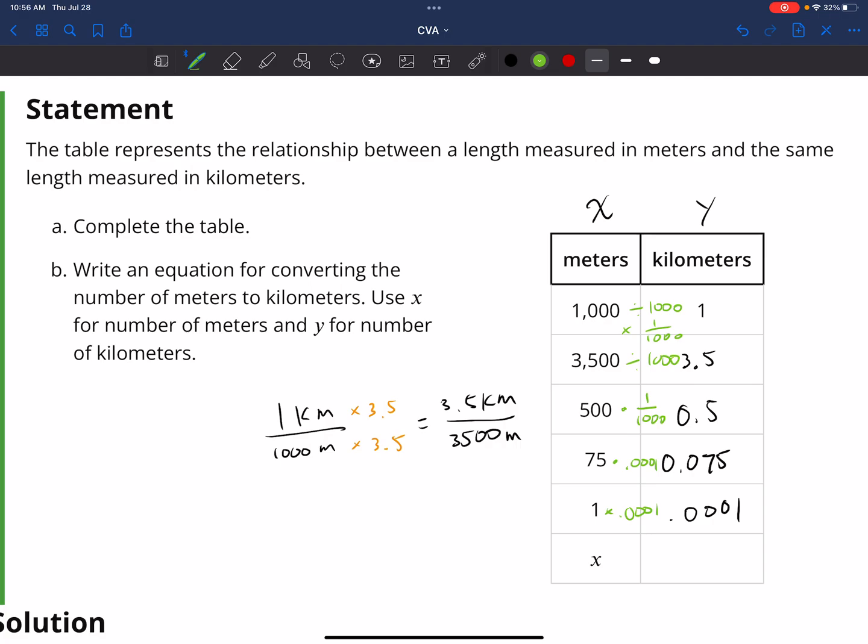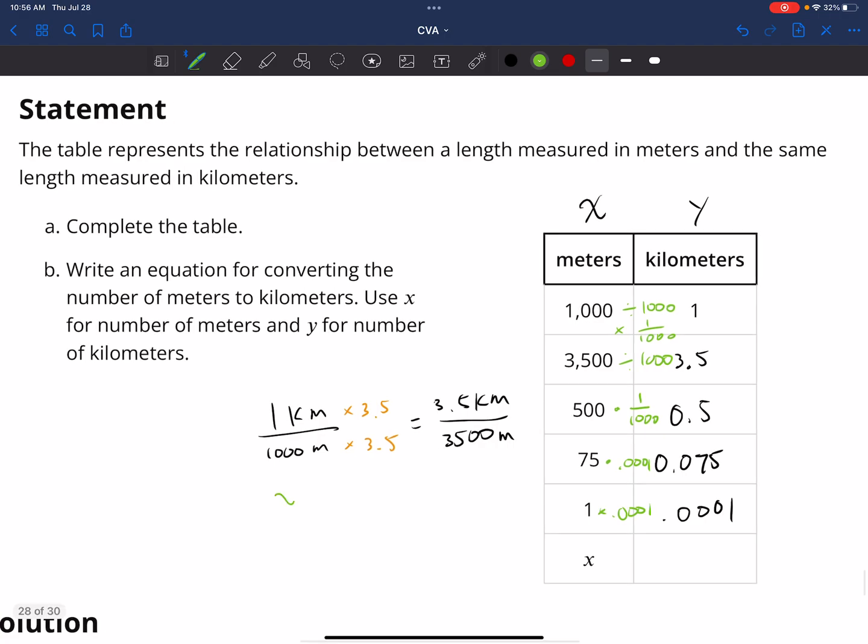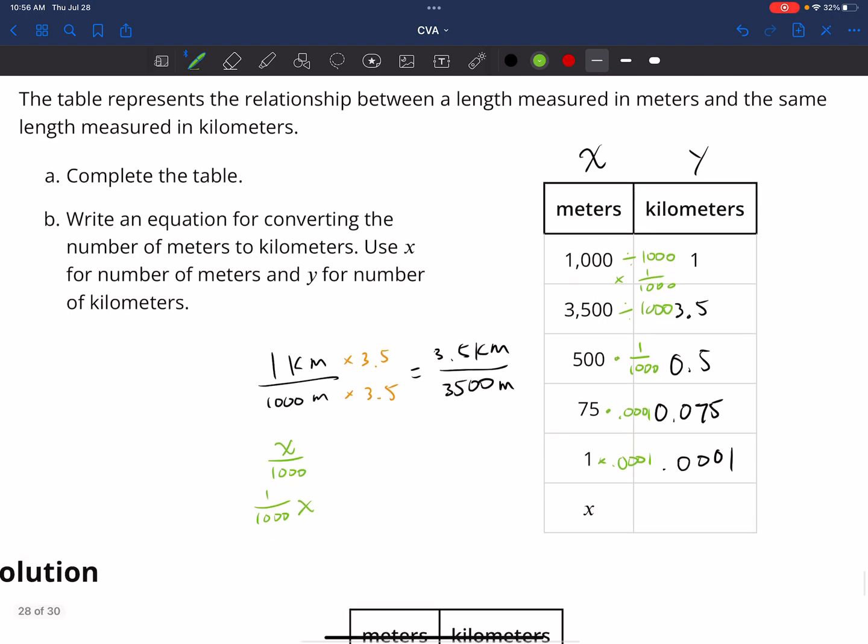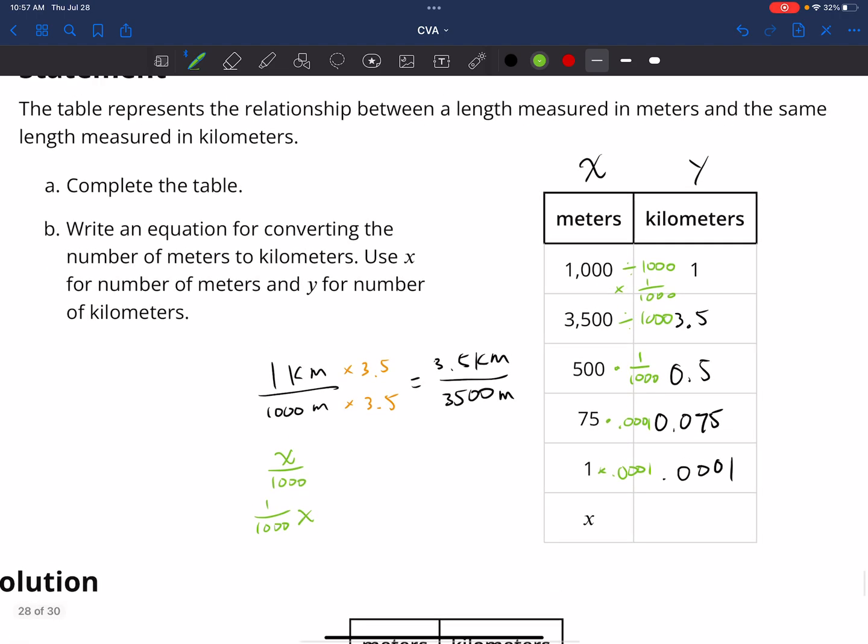It could be either x over 1000, or 1000x, or 0.001x, all equal to y, right? These are all saying the same thing, by the way.